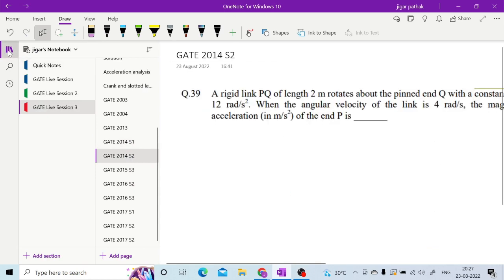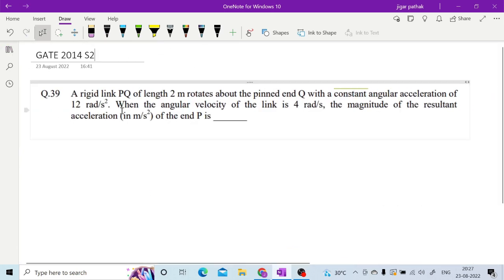This one. Here, can you type in the answers now? A rigid link PQ of length 2 meter rotates about the pinned end Q with a constant angular acceleration of 12 when the angular velocity of the link is 4 radian per second.